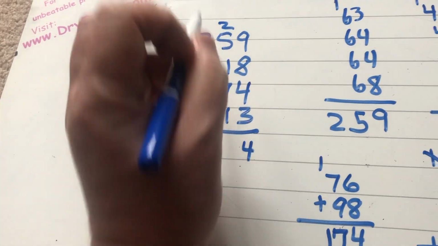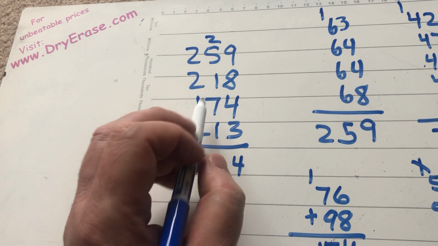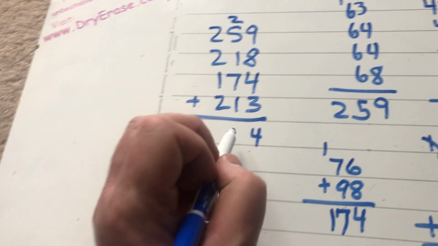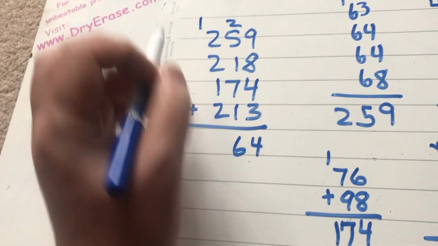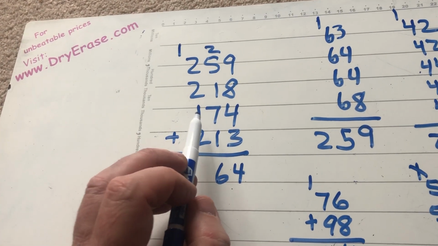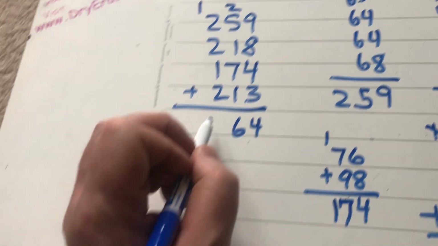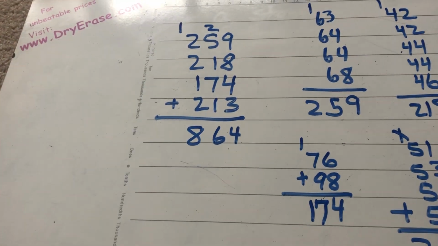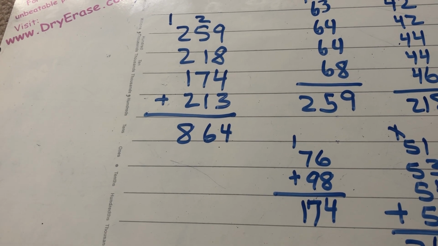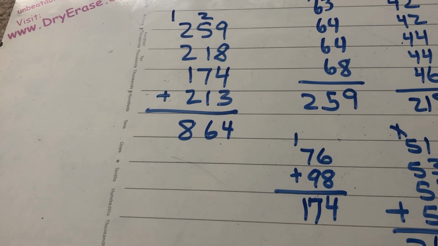Put the 4 down, carry the 2. 2 plus 5 is 7, plus 1 is 8. Plus 7 is 15, plus 1 is 16. Put the 6 down, carry the 1. 1 plus 2 is 3, plus 2 is 5, plus 1 is 6, plus 2 is 8, 864. But I'm taking that 864 and I'm dividing it by 15.